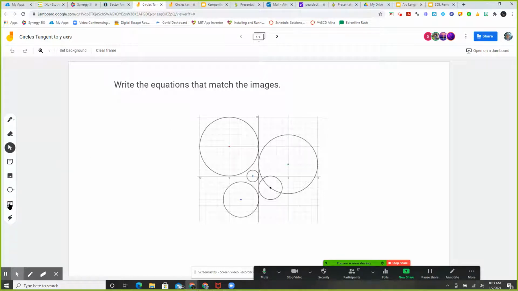Okay, so remember the equation of a circle is going to be (x plus a number) squared, and we can just put that little caret and 2 in order to do squared, and then plus (y plus some kind of number) squared, and that's going to equal the radius squared. Okay, so that's the equation of a circle.